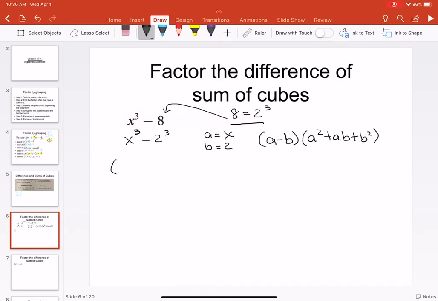So here, what is my A? My A is x, so that's what I'm going to put here. And then my B, it's minus, so keep the sign the same. My B is 2, so I put 2.